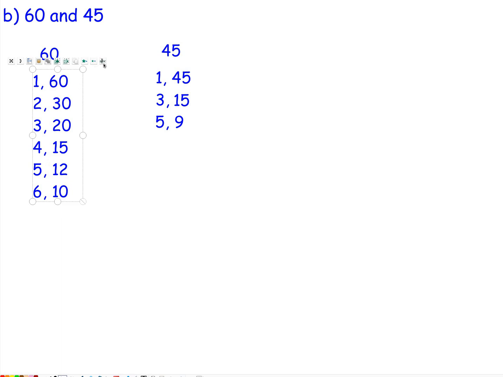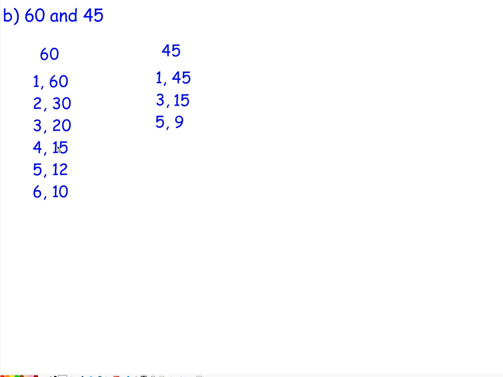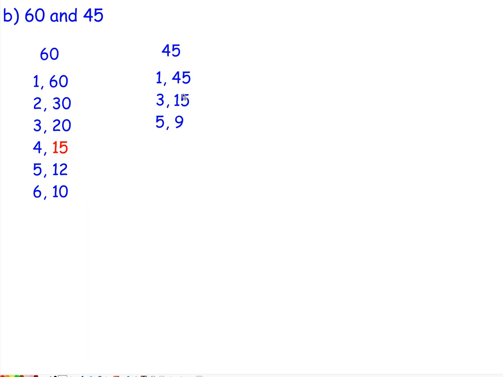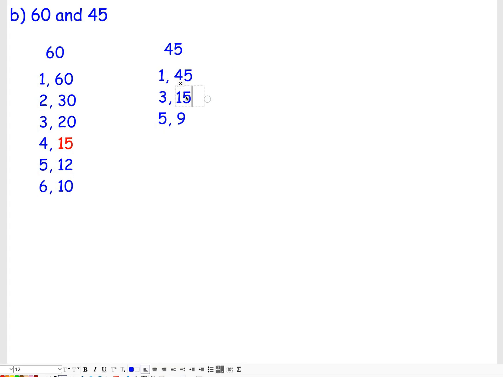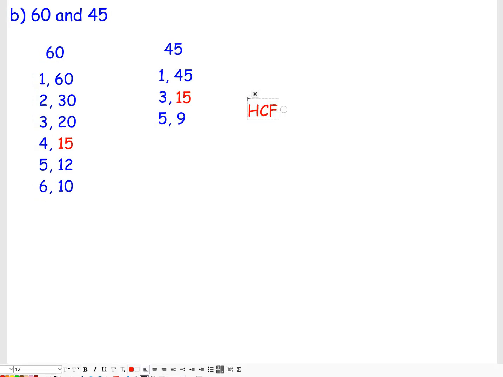So the HCF, the highest common factor, the highest number that divides both into 60 and 45, is going to be 15. And then if we just write that here, HCF equals 15.